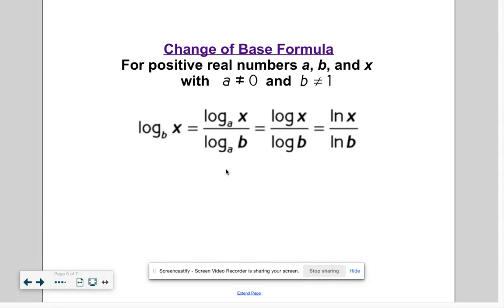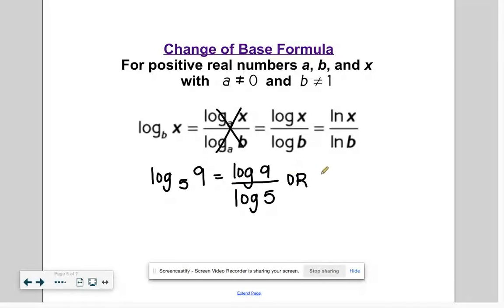So what you can do is use something called the change of base formula, which is going to allow you to take something that has a base, let's say log base 5 of 9. I cannot type this in a calculator, but if I use change of base formula, I can change it to log of 9 over log of 5 and type that into the calculator.